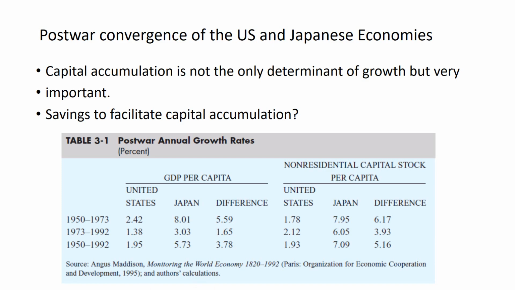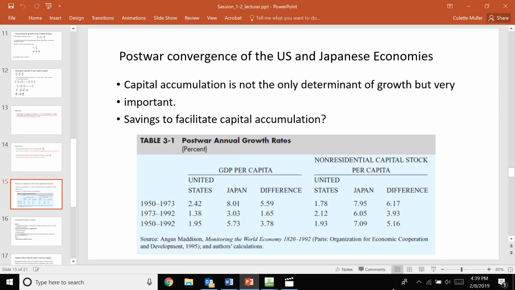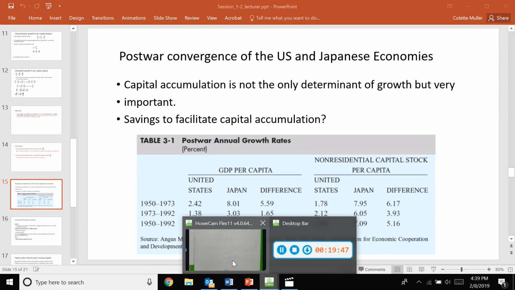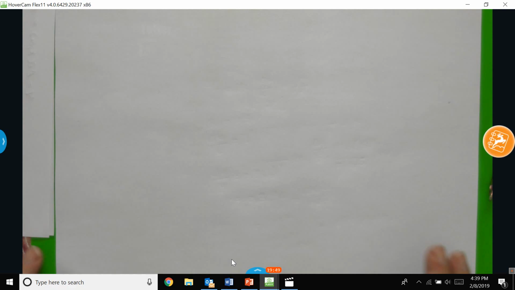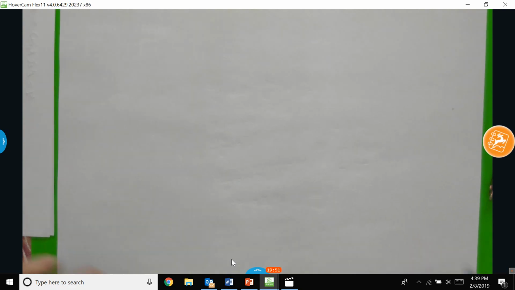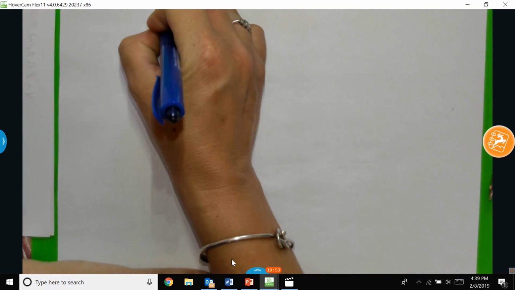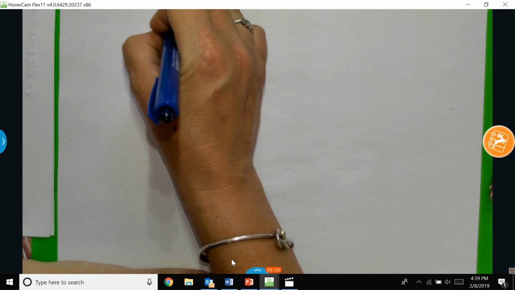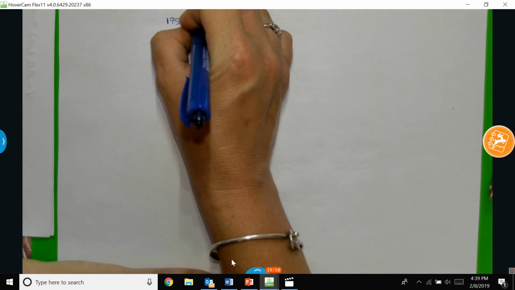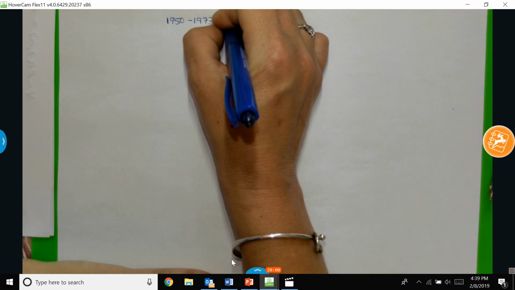So I'm going to shift again to the writing view. Okay, so working with 1950 to 1973 for the US.